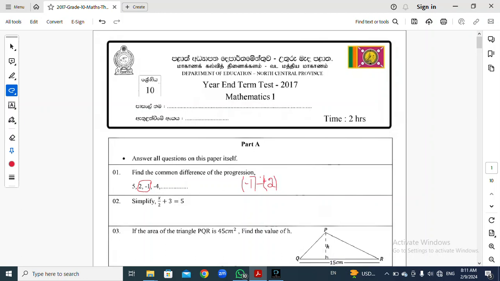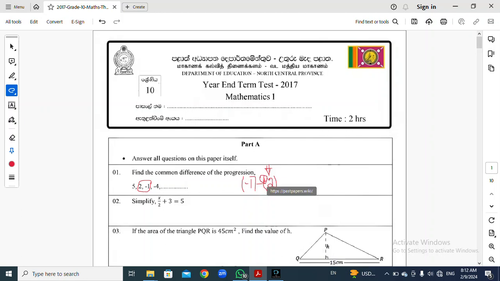Subtraction means we have to change the second number's symbol.